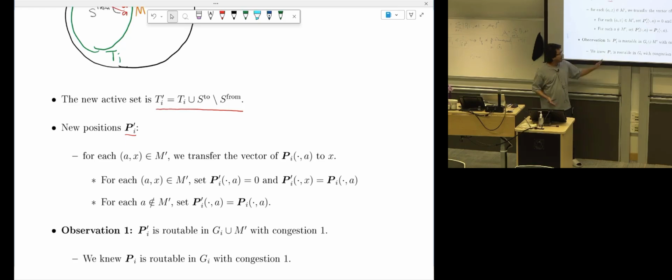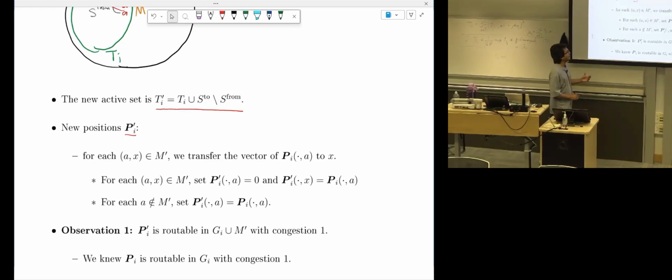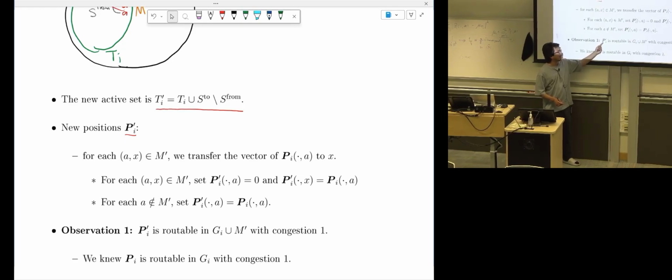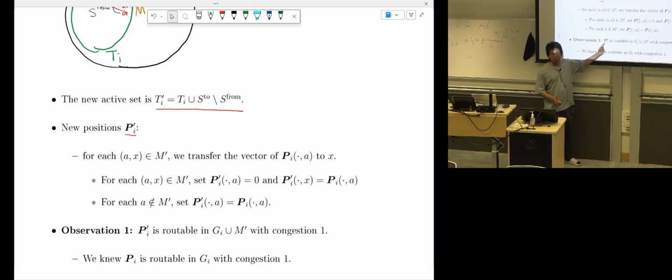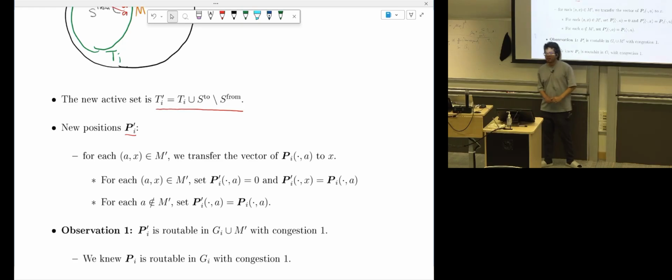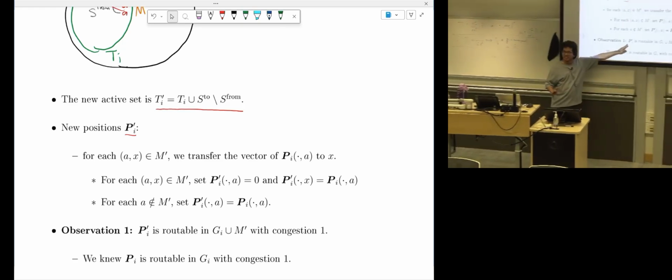This thing is routable in GI. But now what we want is to say that Pi prime is also routable. Maybe not in GI, but when you add this matching, M prime, then it's also routable with congestion 1. Does anyone see why this should be true?